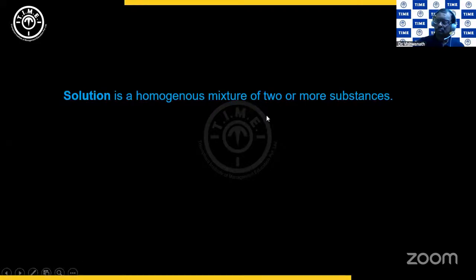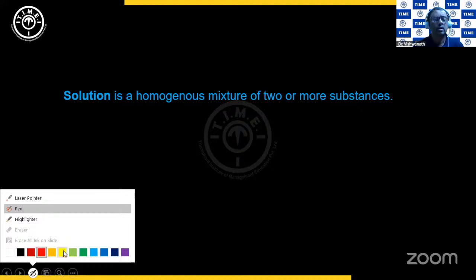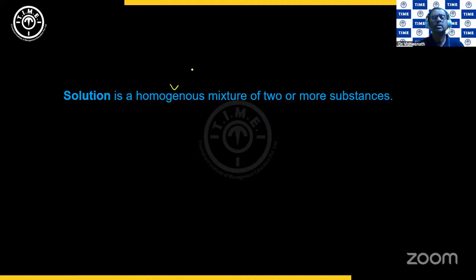Before we get into what we are going to do, let us check what a solution is. A solution is a homogeneous mixture. Homogeneous mixture means a uniform composition mixture. Let us say that you have sugar dissolved in water.